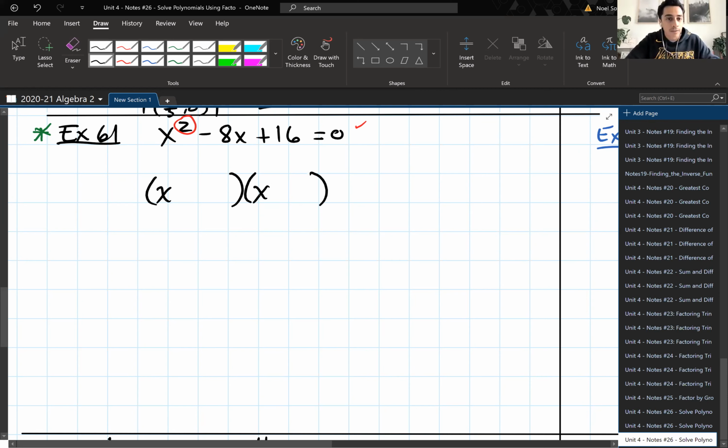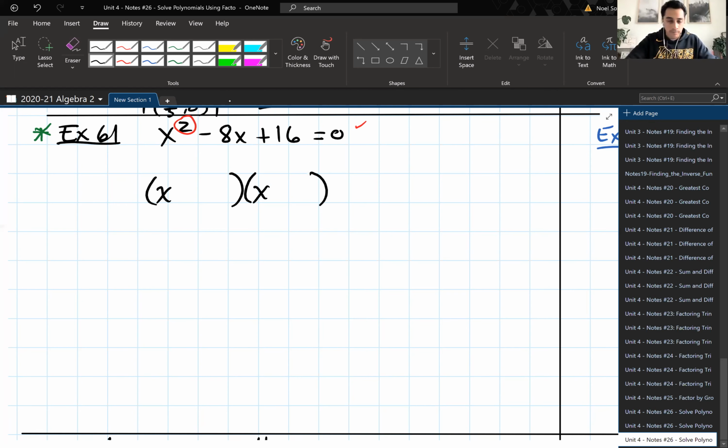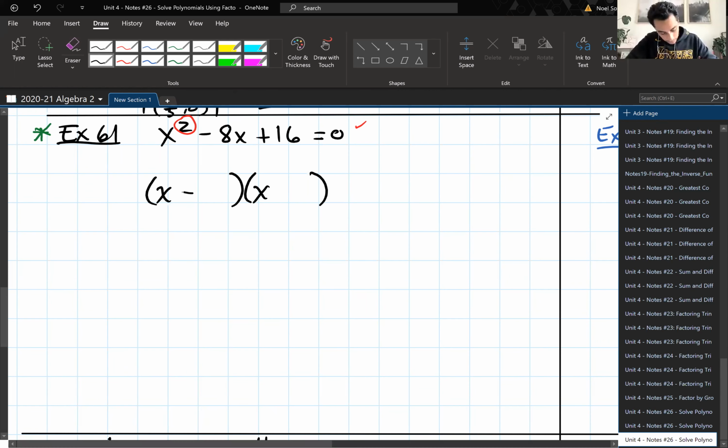And now you're trying to find factors that multiply to be positive 16, but add up to be negative 8. What are those factors? Yeah, negative 4 and negative 4. All right, so negative 4 and negative 4. And this is set equal to 0.